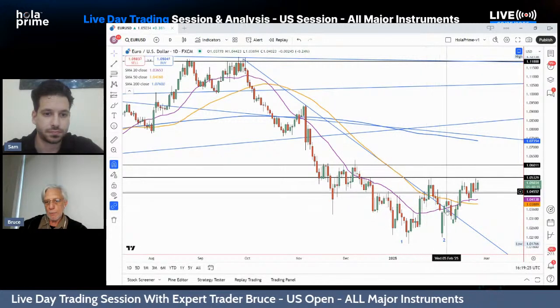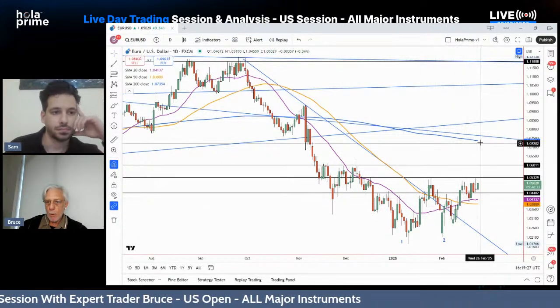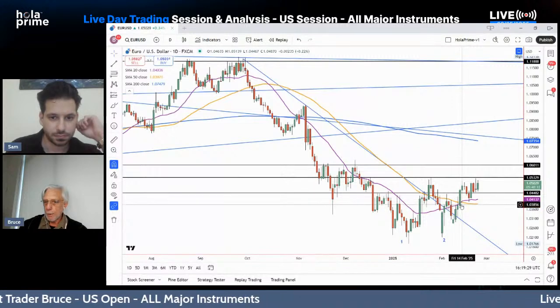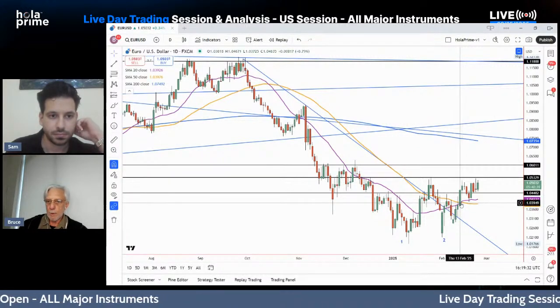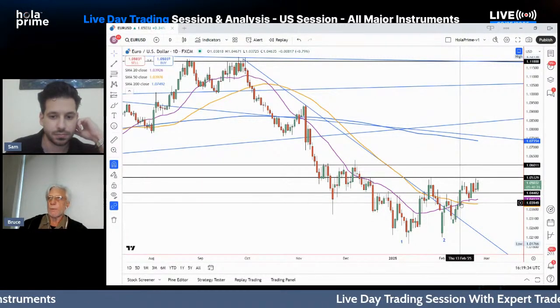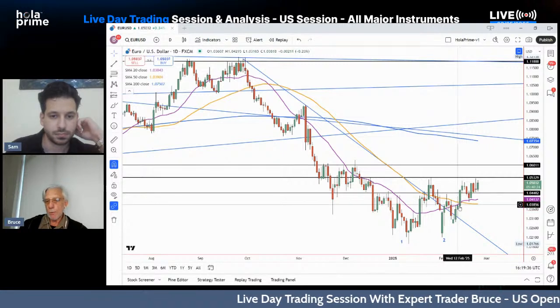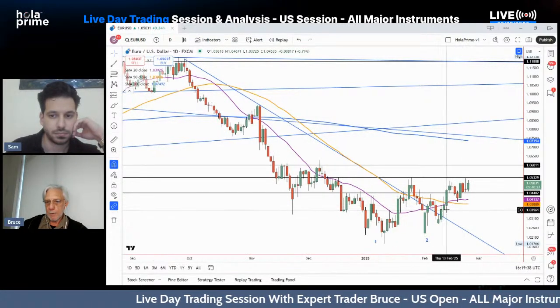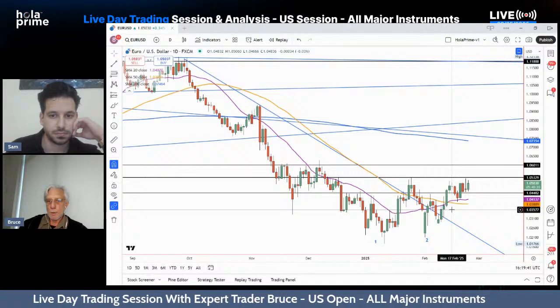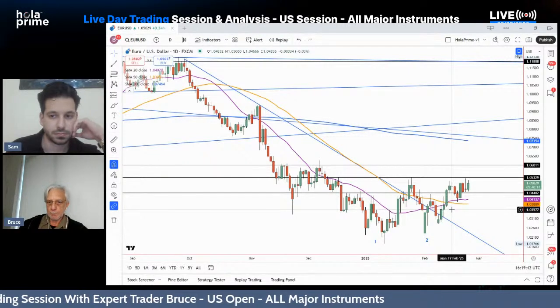So you can see the behavior was around the downtrend line. Now it's away from it. And when it moved away from it, it also gave a bullish signal of breaking out above the 20 and 50 moving average. And look at how it did that. It did it in a sharp, clear, decisive breakout.